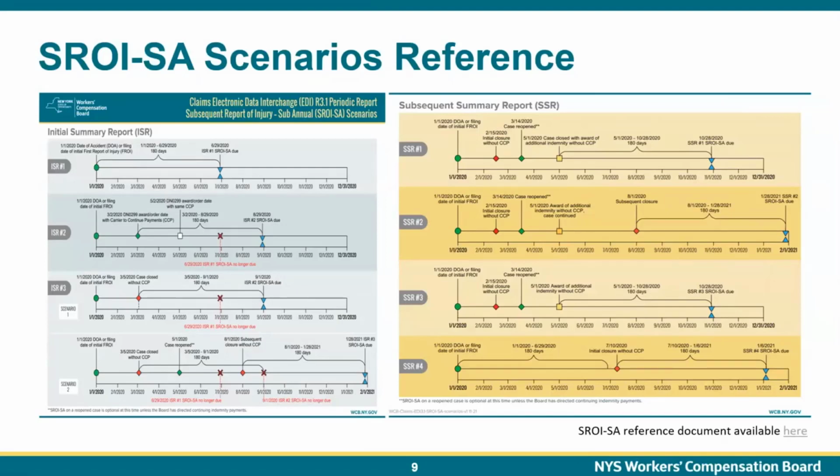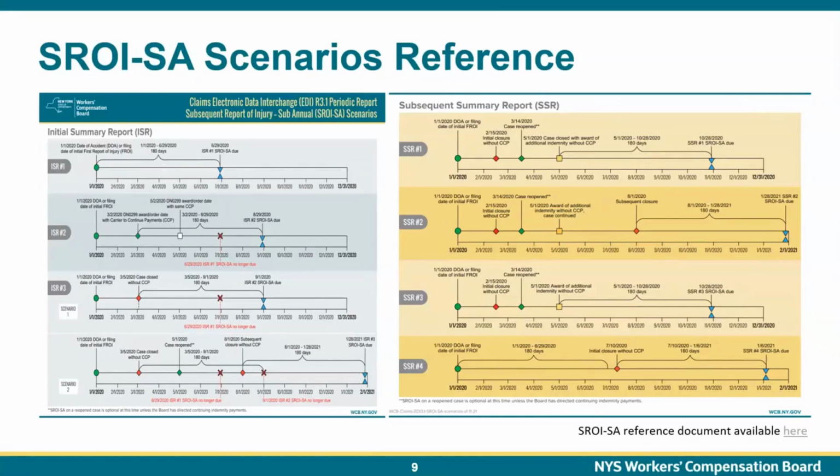So there was a Troy SA due on October 28th. In the next case, there is a subsequent closure in that scenario, number 2. So you'll notice that we, very similar to the initial cases, had a case that was reopened and then closed by the board again.